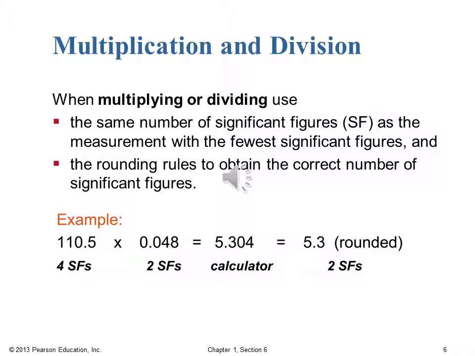If we look at 5.3, then we look to the 0 afterward. Of course, it's less than 5, so we retain 5.3 as our rounded value to the correct 2 significant figures. So you're just looking in a multiplication or division application at the number with the fewest number of significant figures, and then making sure that your resulting answer has that same number of sig figs.